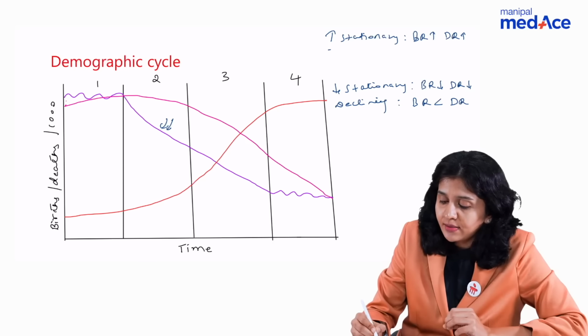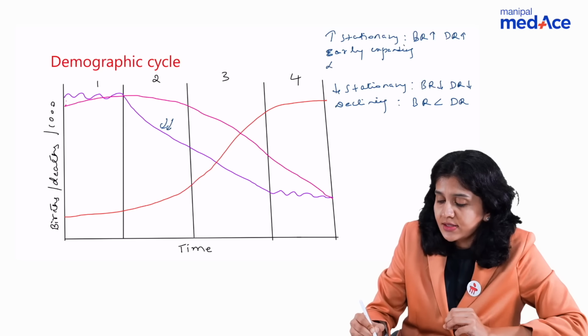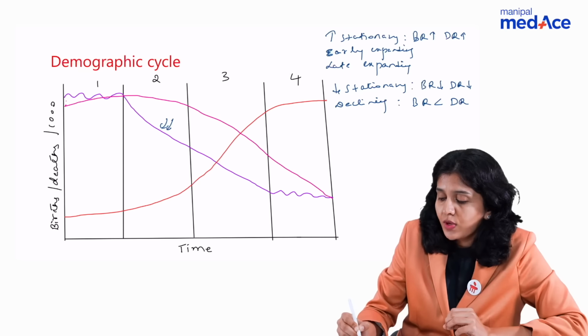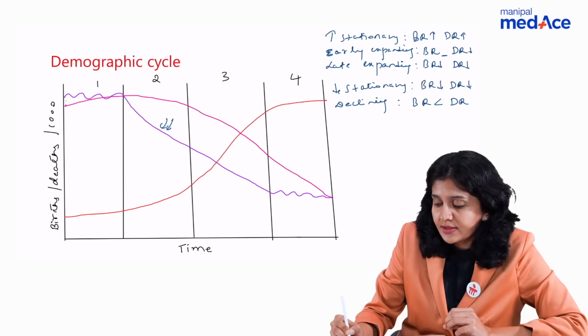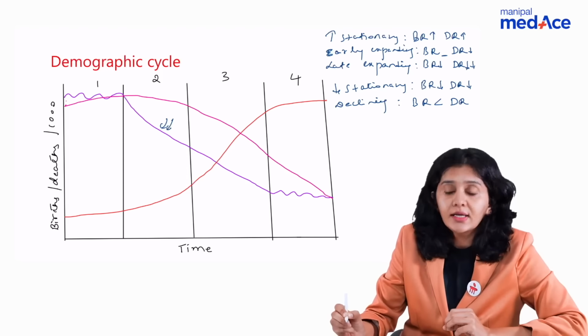Early expanding. And the third stage is late expanding. What happens in early expanding? Birth rate is not changed, but death rate tends to decline. In case of late expanding, birth rate declines, death rate further declines, right? In second stage only that started declining.